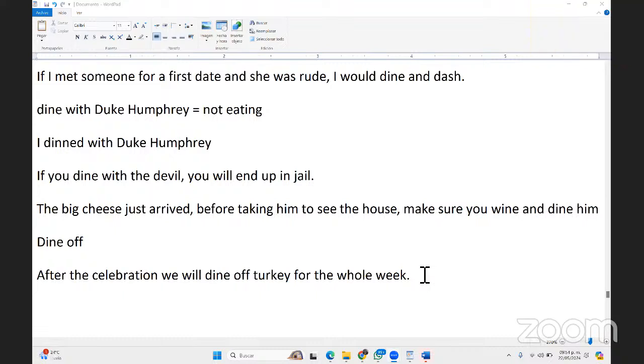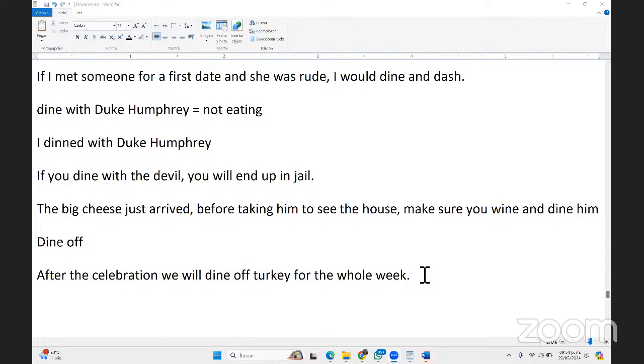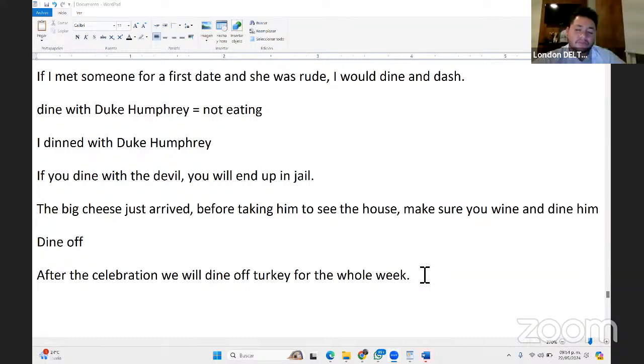But in the holidays the dine off is very common. And in some situations, 2 months after the holidays, you eat the barbacoa, you dine off the Christmas. Okay.